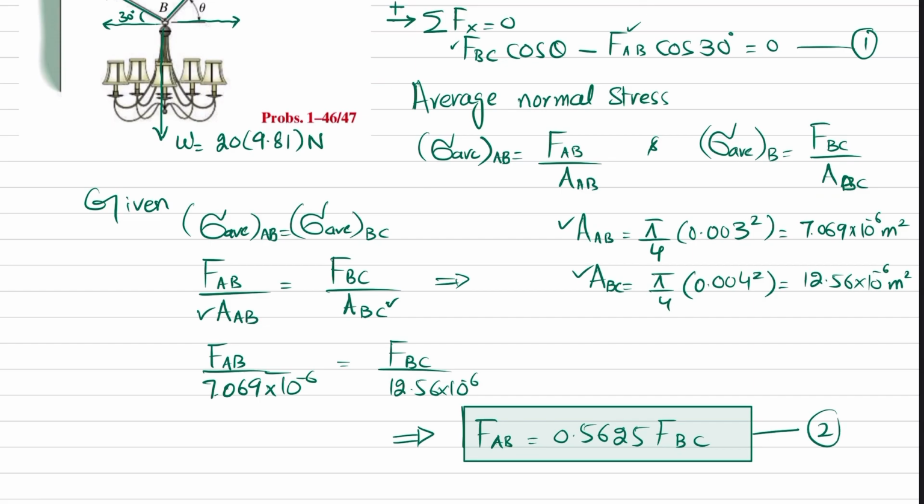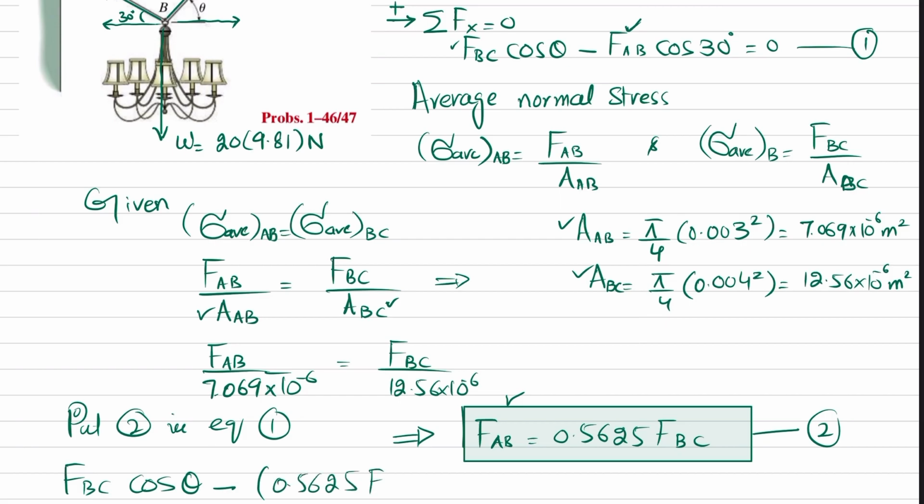Now put the value of FAB from equation 2 into equation 1. So FBC cos theta minus 0.5625 FBC into cos 30 degrees is equal to 0.